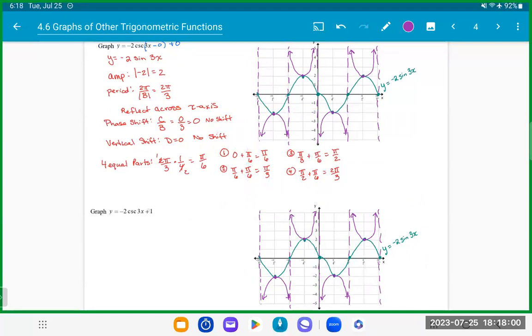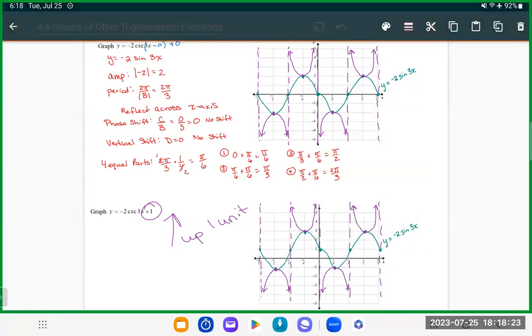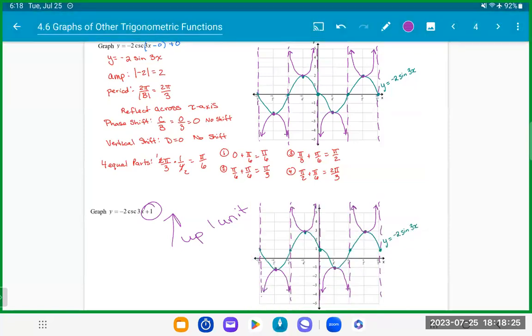Except now we want to shift everything up 1 unit. So we're shifting everything up 1 unit.